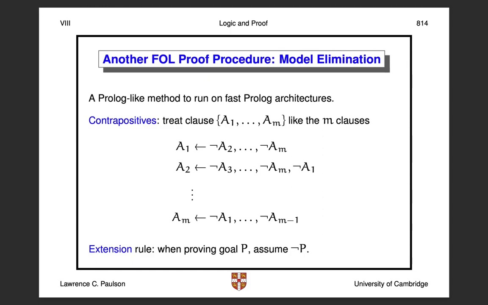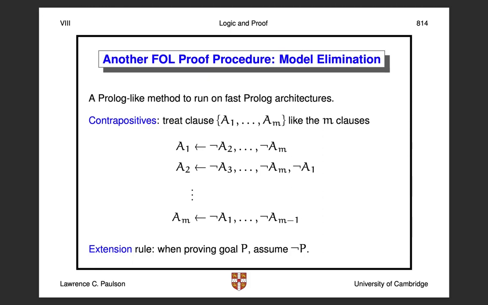One trick to doing this, not the only way, is to say, if I have an M literal clause, I can turn it into a set of Prolog clauses. The key feature of a Prolog clause is that one distinguished literal, which is called the head, is set aside, and it is the only one that is matched against another literal.